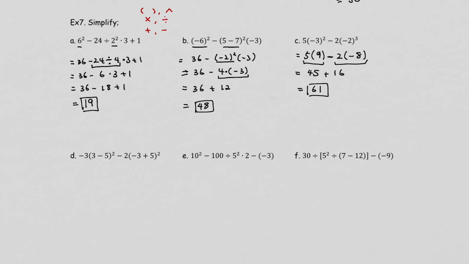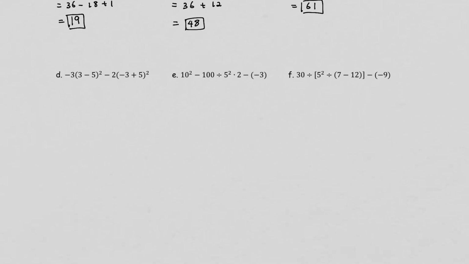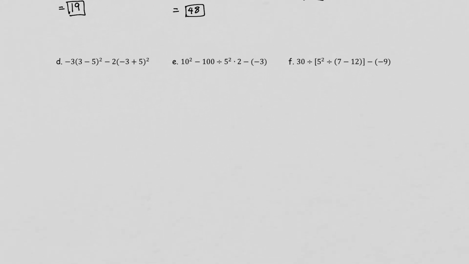I have a few more order of operations we can go over together. I will do inside first, so inside the parentheses, my exponent is outside, so I will do the parentheses first. I will get 3 minus 5, negative 2 squared, minus 2 times negative 3 plus 5 is positive 2.